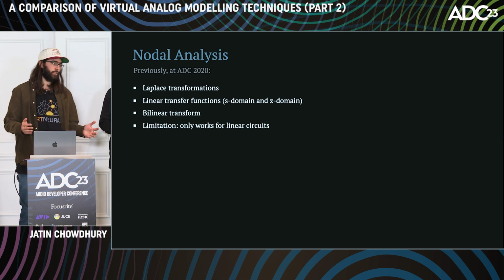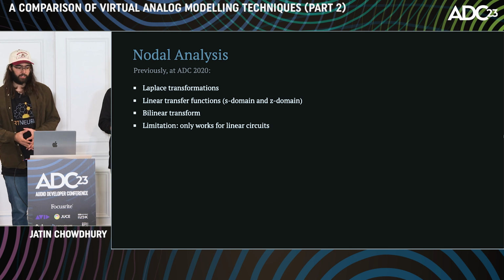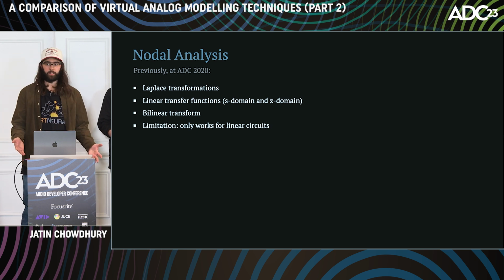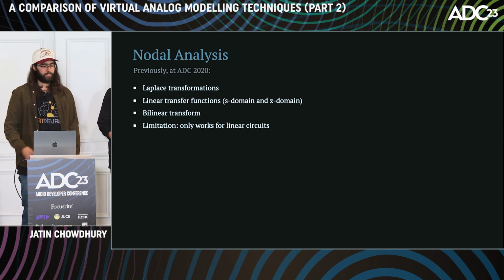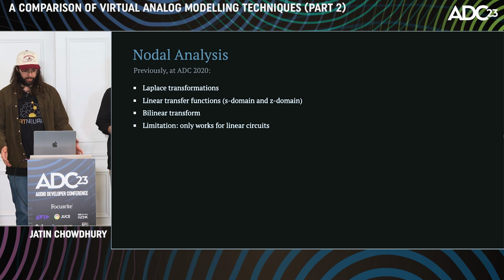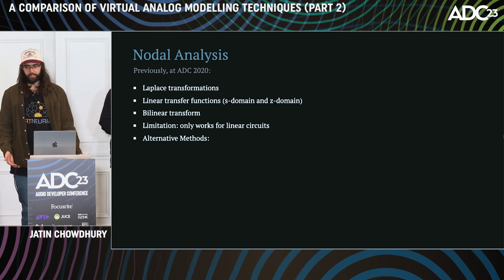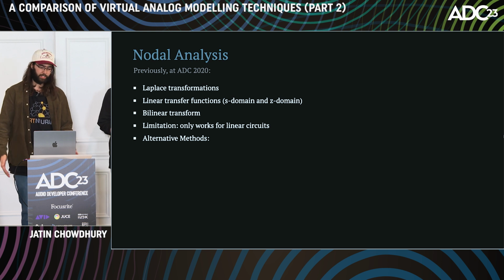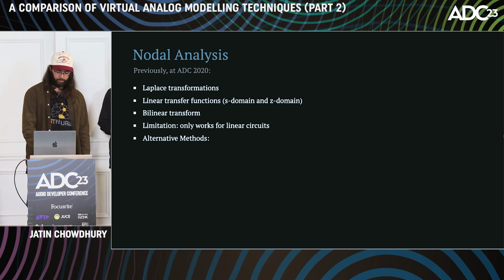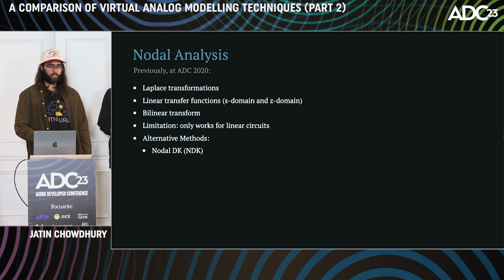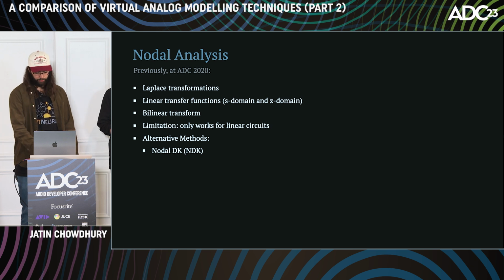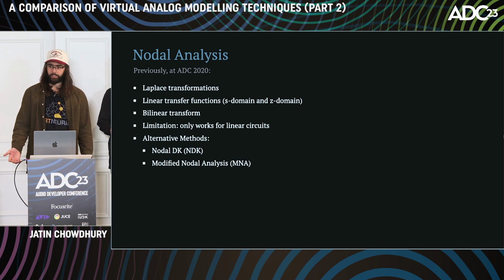The problem with that is it only works for circuits that are strictly linear. So as soon as you have a nonlinear element, like in our circuit today, we have a diode pair, that approach doesn't really work. This is something that people have been investigating for a while: how do you break past that limitation? There's a bunch of methods. The two we'll talk about today are the Nodal DK method, or NDK for short, and modified nodal analysis, or MNA.